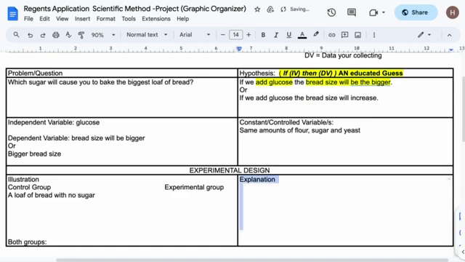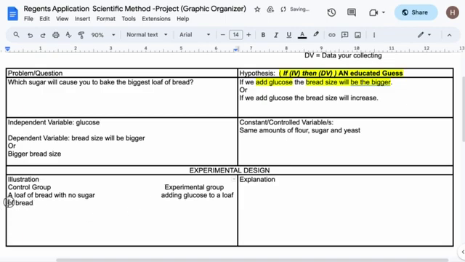And then we want our experimental group. All we're going to say is what we decided to do in the experimental group. We're adding glucose to a loaf of bread.